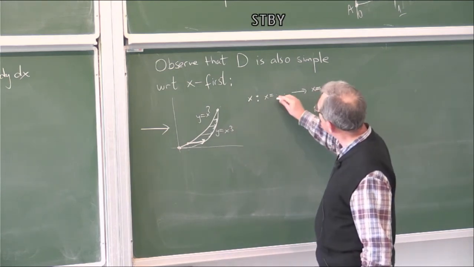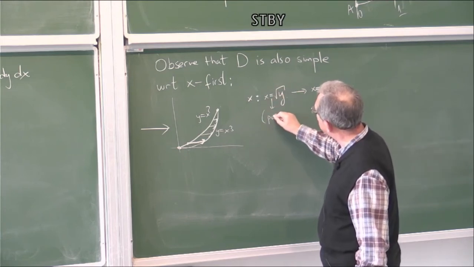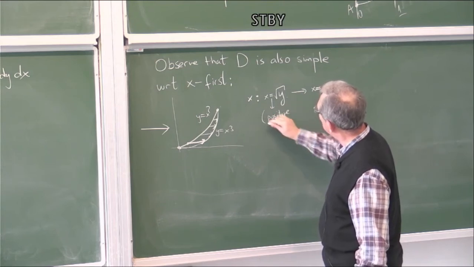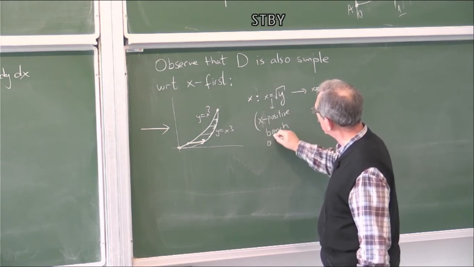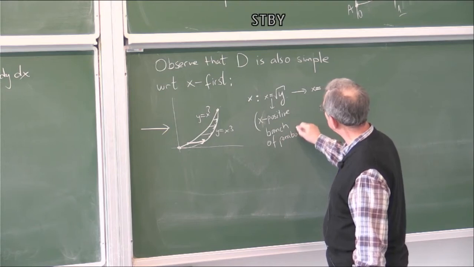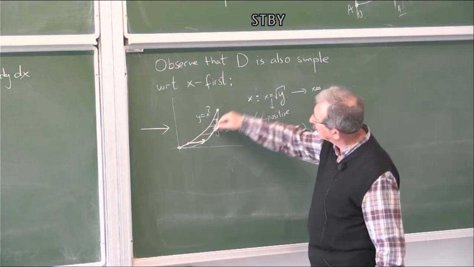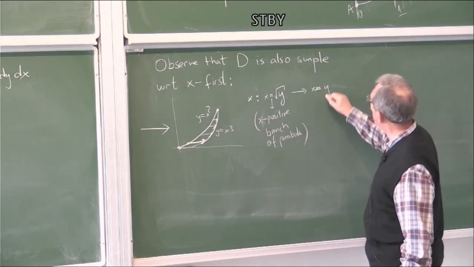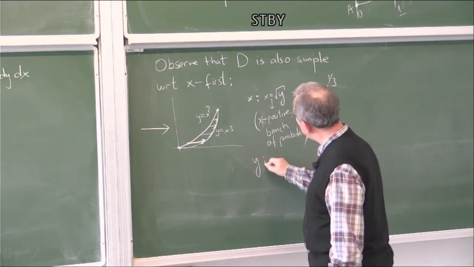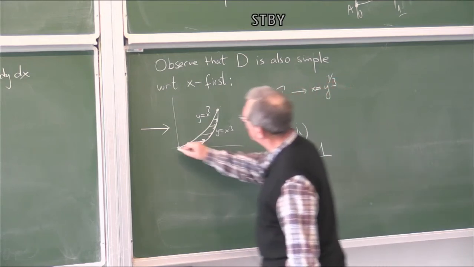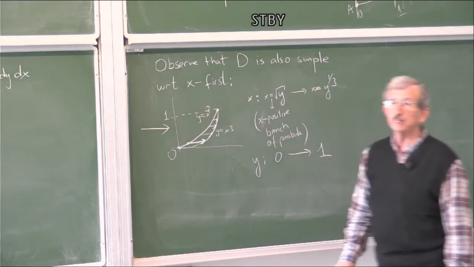So, here I can put square root of y because this is the positive branch. And here, I have the cubic, y is x cubed, so x is the cube root of y. In the meantime, y changes from constant 0 to constant 1.